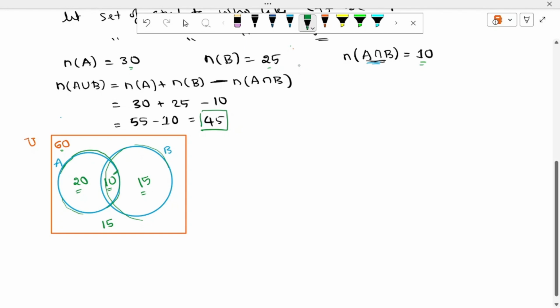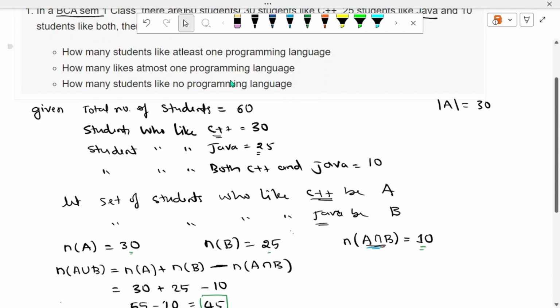Okay, now let's go to the first question. How many students like at least one programming language?